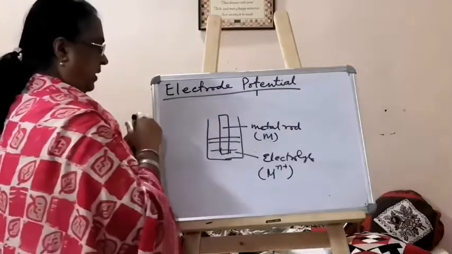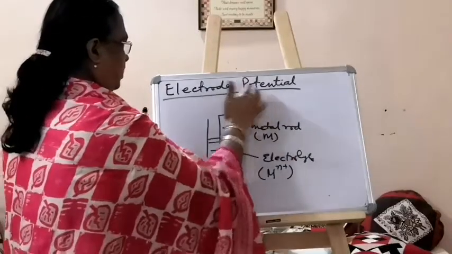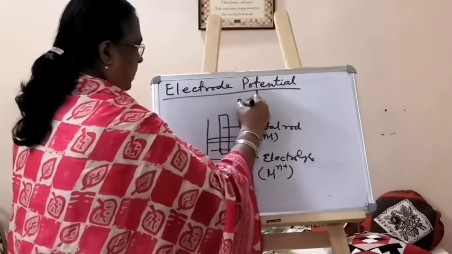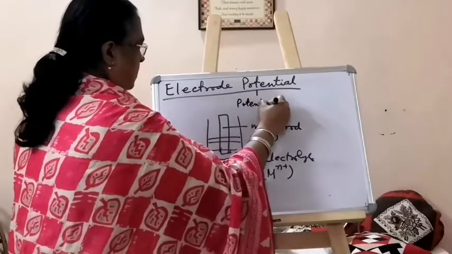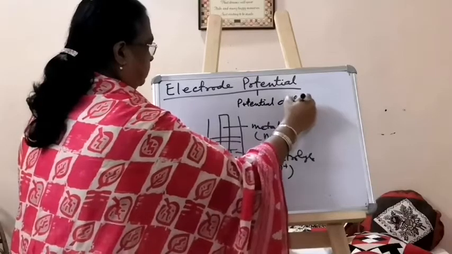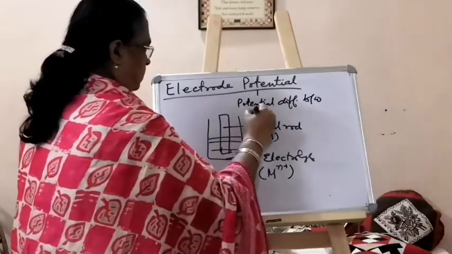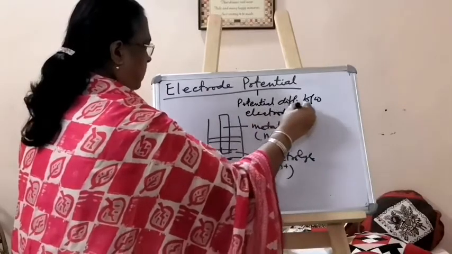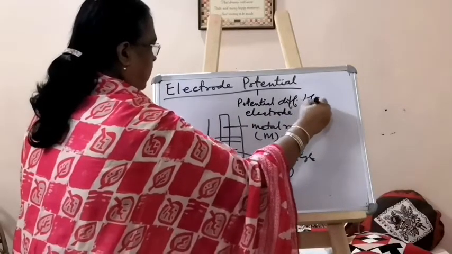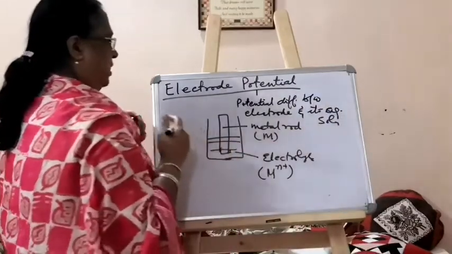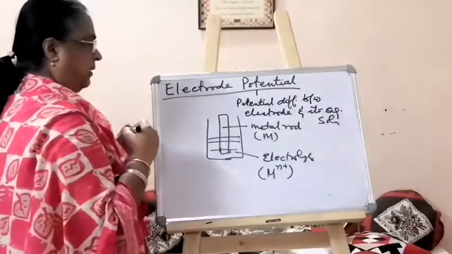So electrode potential is actually the potential difference between the electrode, that is the metal, and its aqueous solution containing the metallic ion. This is one thing.